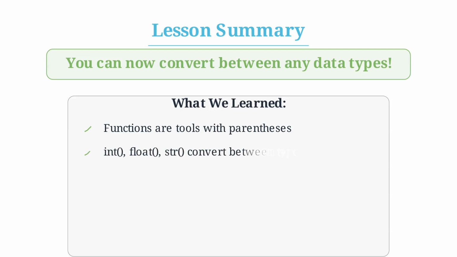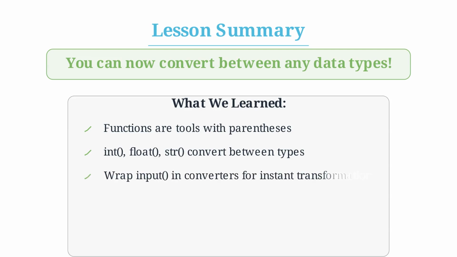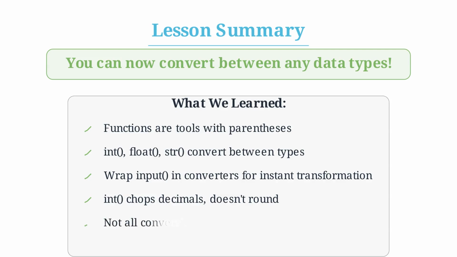We learned the magic pattern of wrapping input in converters. We remember that int chops decimals rather than rounding them. And we know that not every conversion makes sense. You can now transform data between any types Python understands. Next up, we'll learn to format our output like professionals.